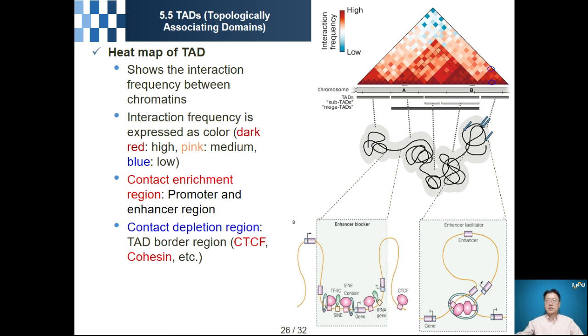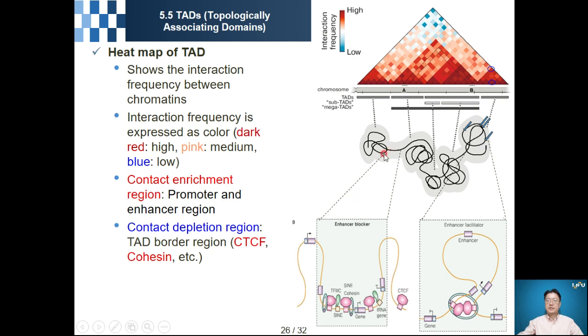Usually the contact enrichment region is composed of enhancer or promoter regions. How about the border region? This border region, we call it a contact depletion region. This is one TAD. We call this the TAD border region.